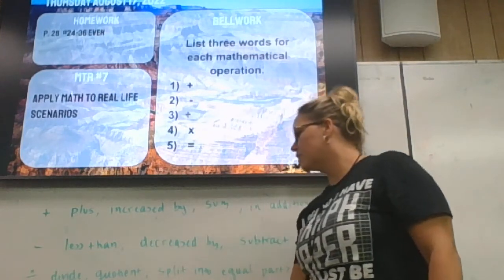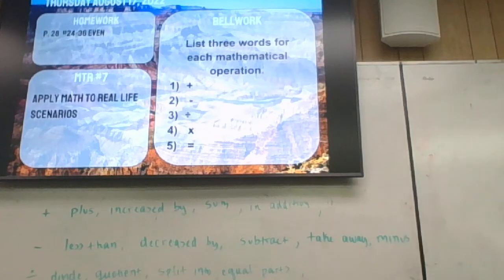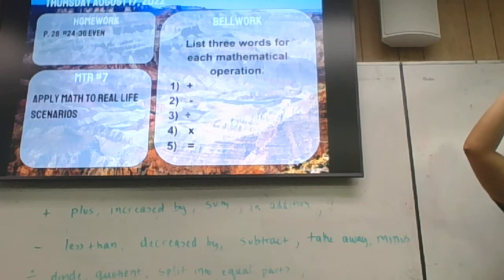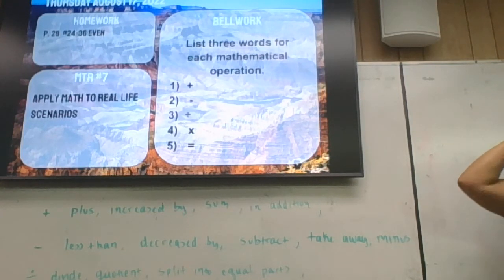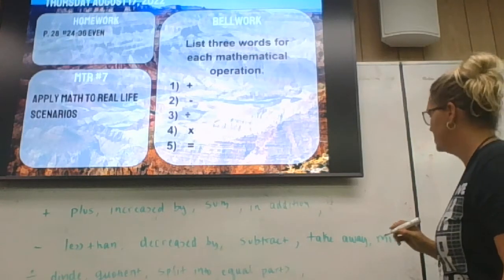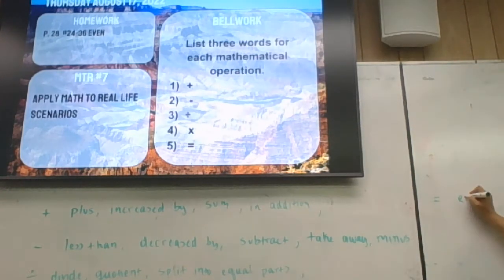All right, here's 4 words that mean multiply. That X is multiply. Per, each, product. Anyone want to raise their hand and add to the list? Three words for equal.